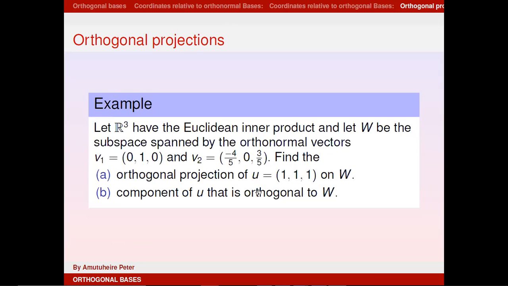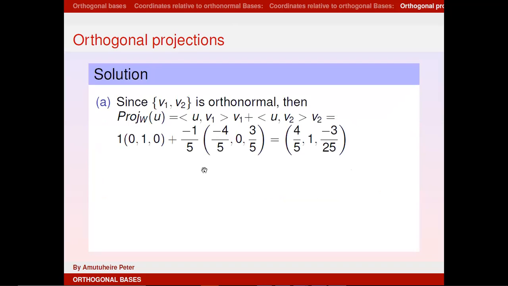Okay, so solution. Since this is an orthonormal basis, the projection of U on W can be written as this linear combination. We have two basis elements, so it is the inner product of U and V1 times V1 plus the inner product of U and V2 times V2.